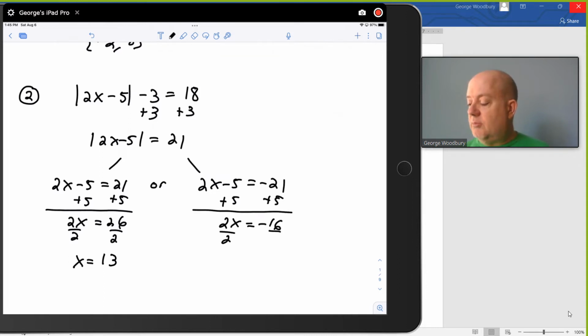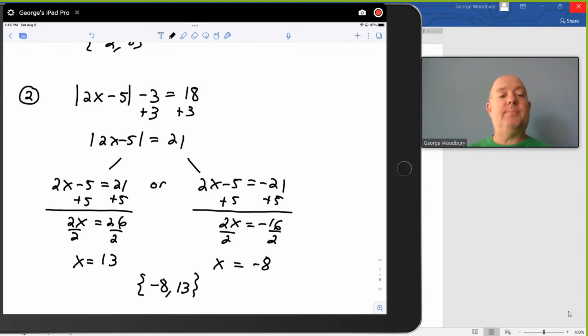And when we divide both sides by 2, we get x equals negative 8. So the solution set, we have negative 8 and 13. Okay. So isolate the absolute value, set it equal to the number and its opposite, as long as that number was positive. We'll handle what happens when it's 0 or negative in a later video, and then solve each of the resulting equations.